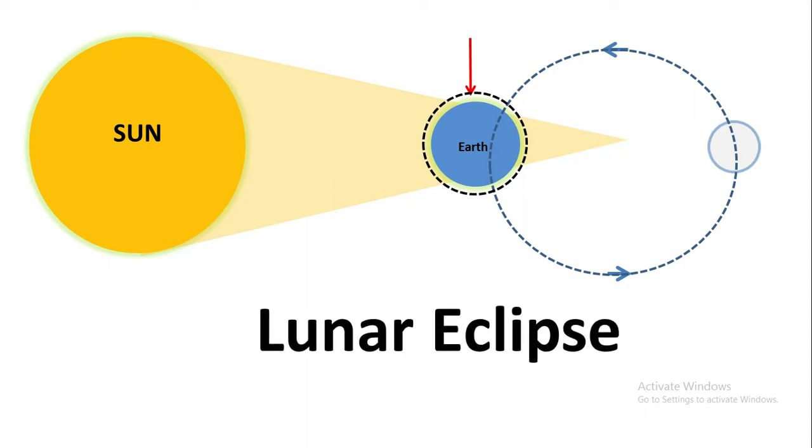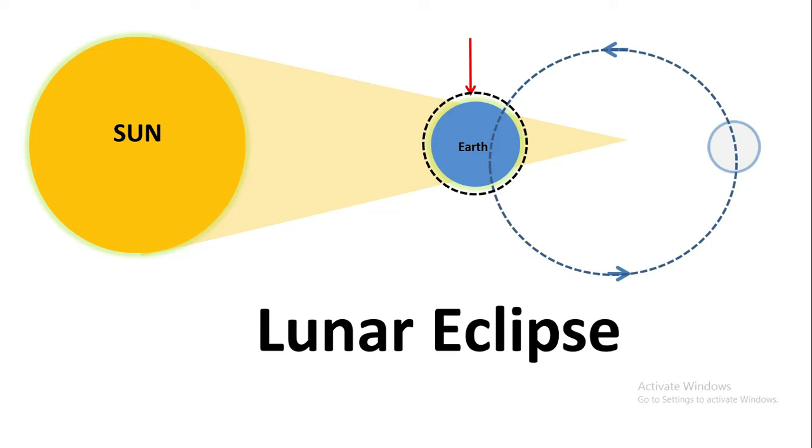Here the important thing to note is that lunar eclipse occurs only when earth is between moon and sun, and earth blocks sun rays or sunlight from reaching the moon. So as a result of this position of earth, there is complete or partial darkness on the moon, and this phenomenon is called lunar eclipse.